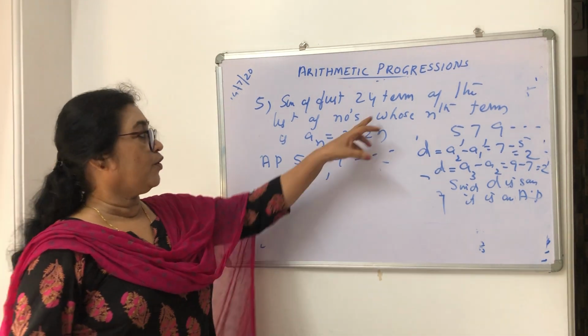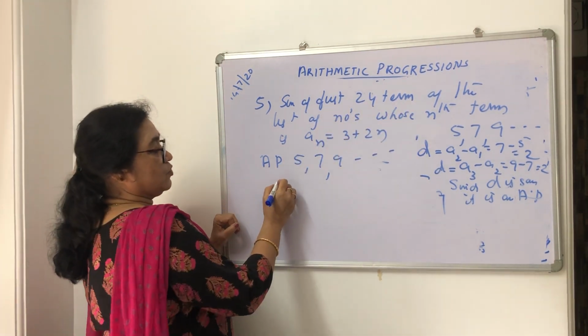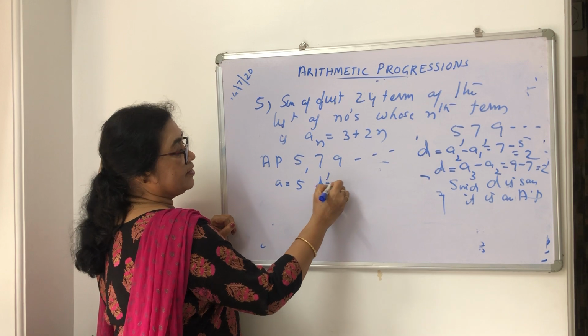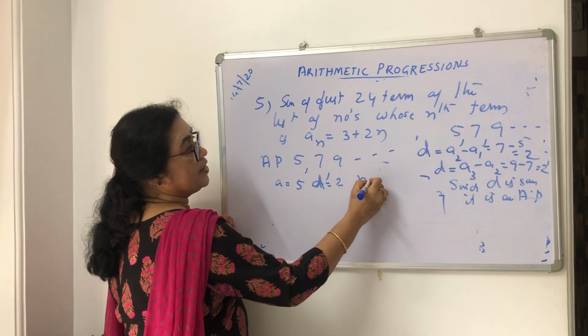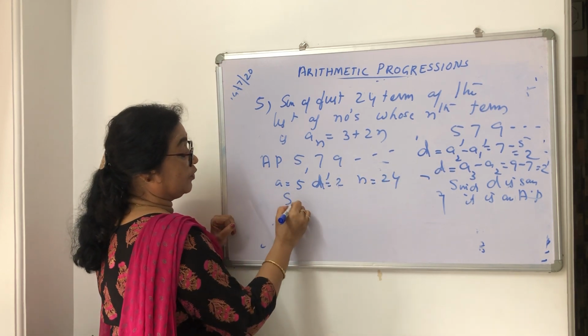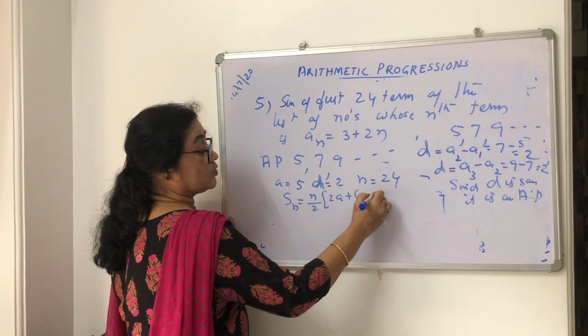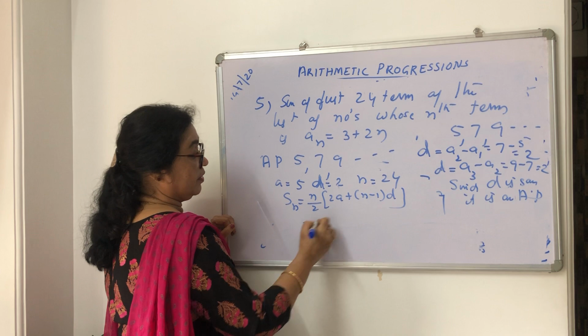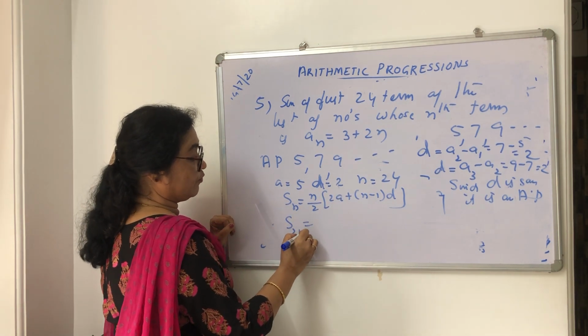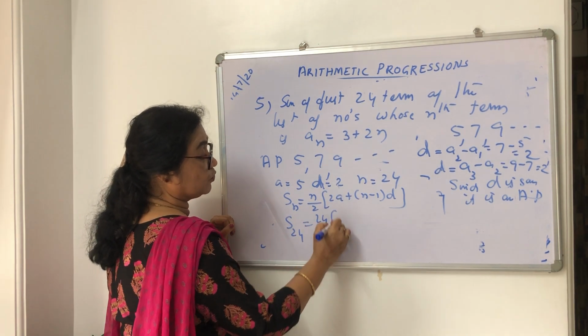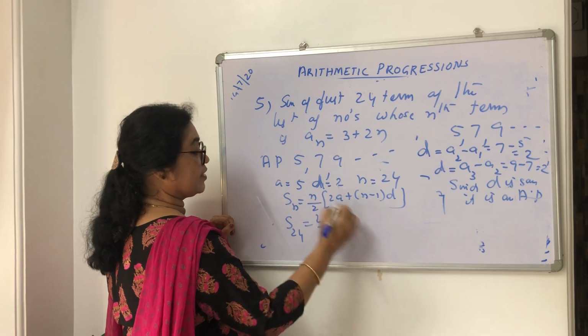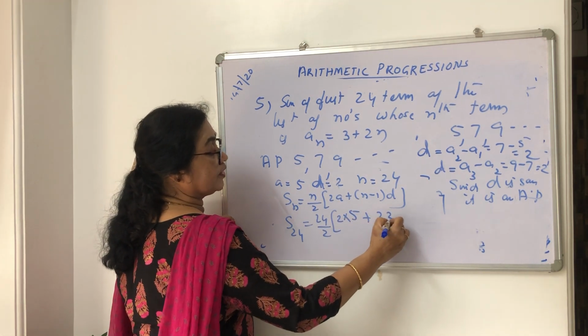So you have to find 24 terms. A is 5, D is 2, n is 24. You need to find Sn equal to n by 2 into (2a plus (n minus 1) into D). S24 equal to 24 by 2 into (2 into 5 plus 23 D).